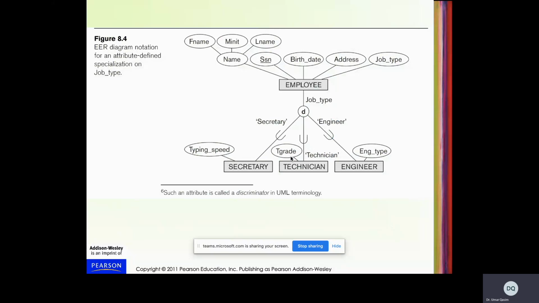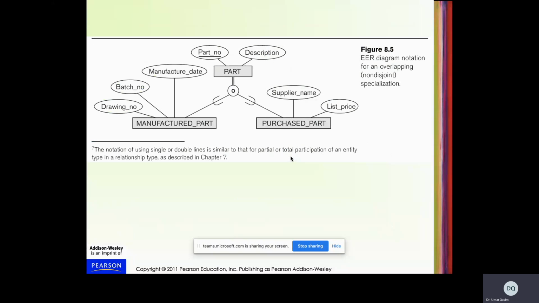It won't be the case. But if you look at this example, this is an overlapping case, where a part could be a manufactured part, or it could be a purchased part. And it could be both.